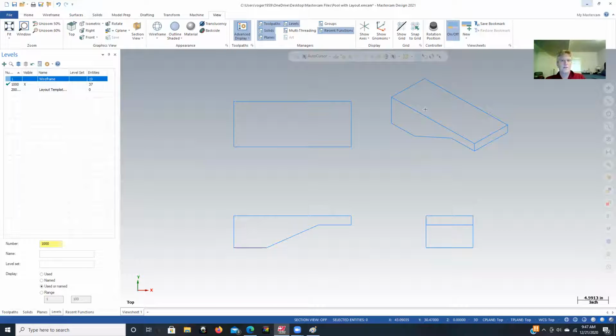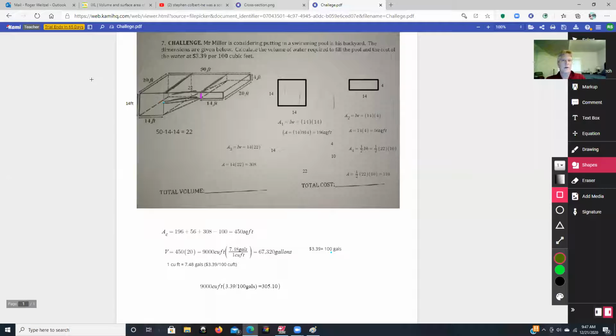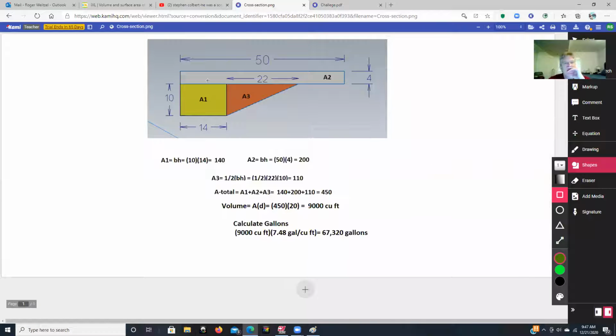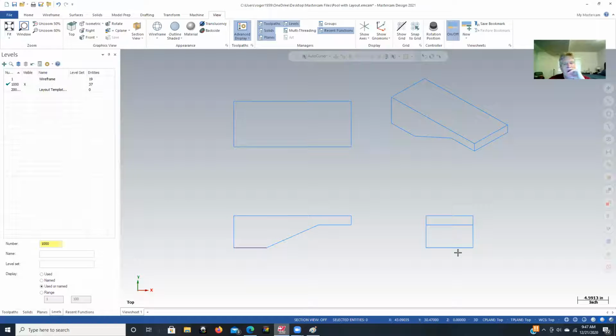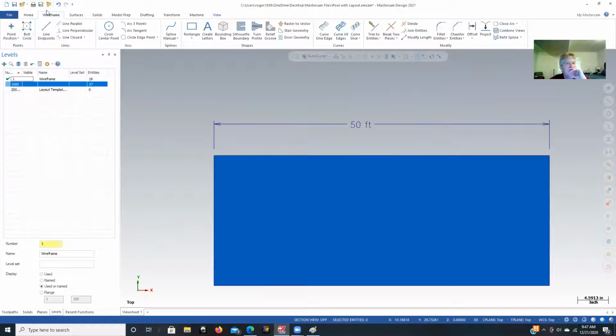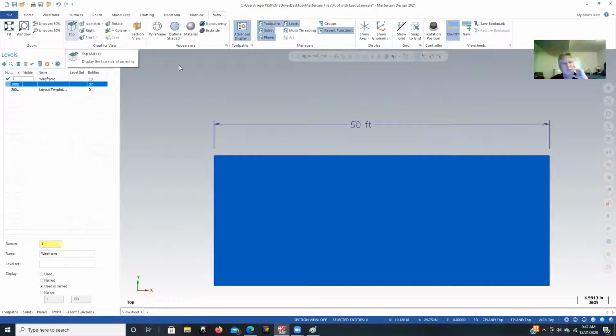So now let us switch over to what I did to try to get this problem rolling. I took this cross section here. Now, what we want to bear in mind is that we want to go to view and back to the isometric.